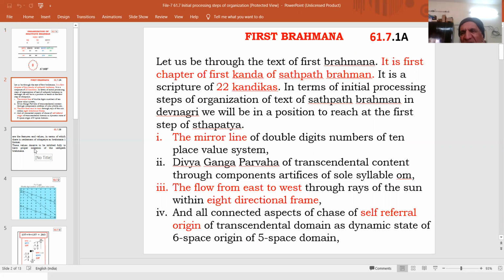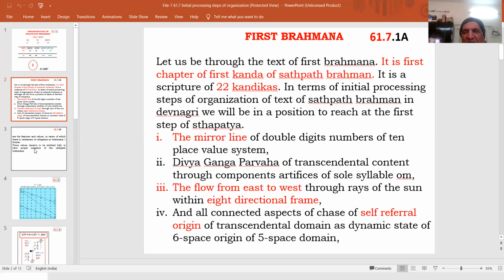In terms of initial processing steps of organization of the text of Sathpath Brahman and Devnagri, we will be in a position to reach the first step of the Sthapatya, as settlement of the geometric format of the first Brahmana. The mirror line of double digit numbers of the 10 place value system is the first feature. Divya Ganga Parvaha of transcendental content through components, artifices of soul syllable Om is the second feature.